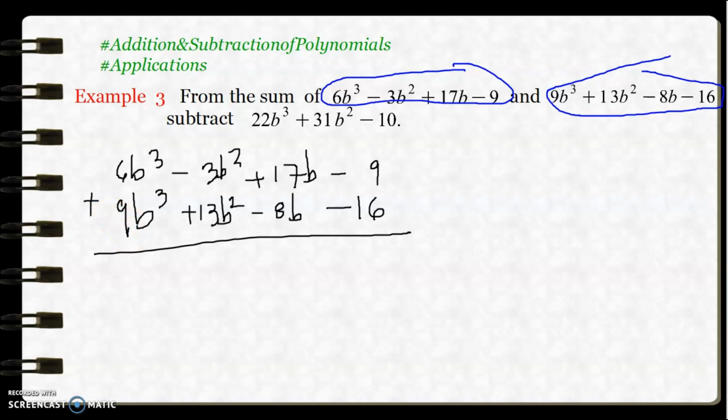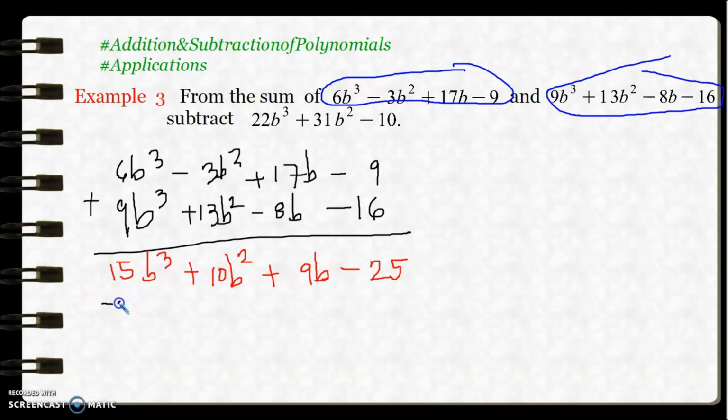We get, I'll use red, 15b cubed plus 10b squared plus 9b minus 25. But it says, from the sum, we subtract this. So we can continue. Since this is the subtrahend, we are going to change the sign of each term, so it's going to be negative.